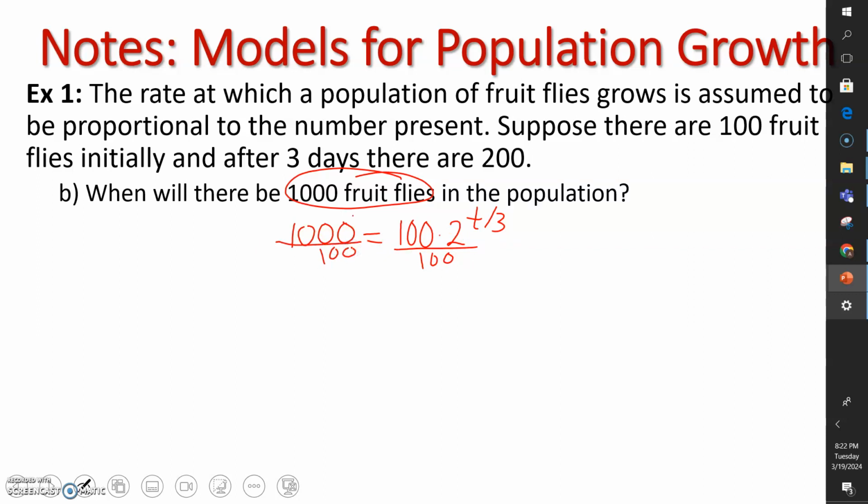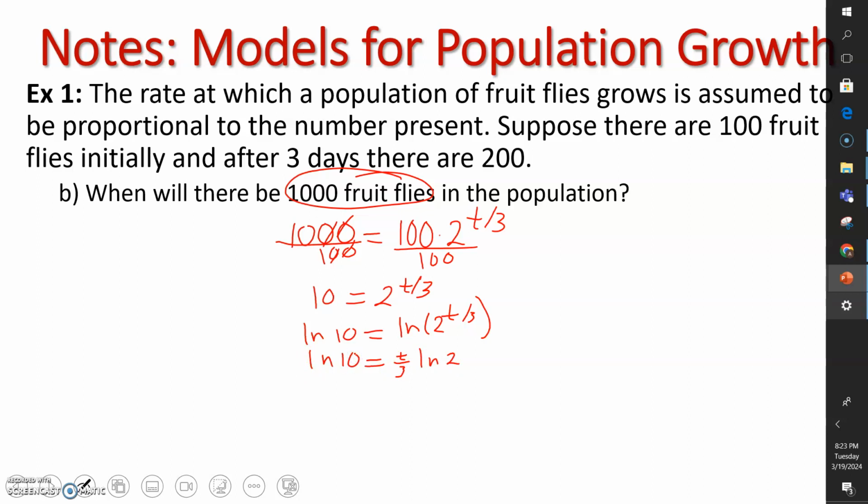And we get 10 is equal to 2 to the power of t over 3. Then we need to get rid of the base 2. So let's take ln of both sides. So we have ln of 10, and then we have ln of 2 to the power of t over 3. When we have the natural log, powers drop out front. So we have t over 3 ln of 2, and we have ln of 10.